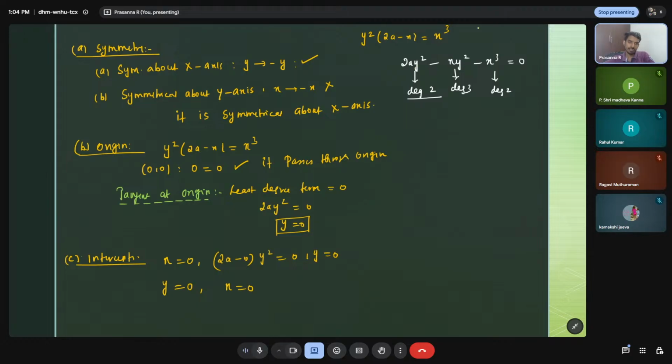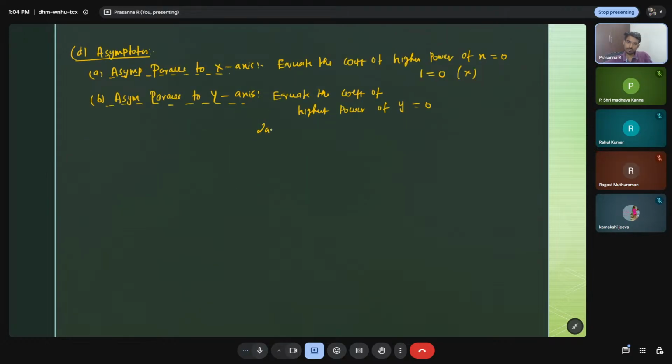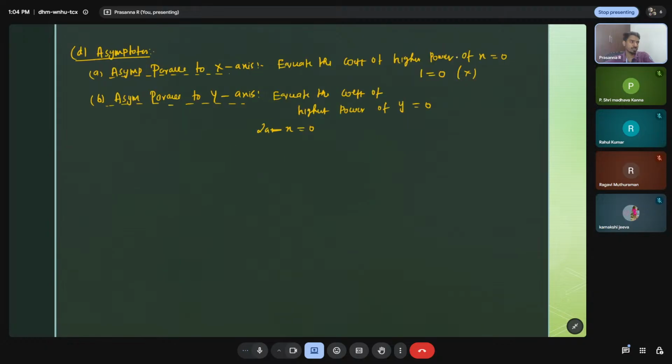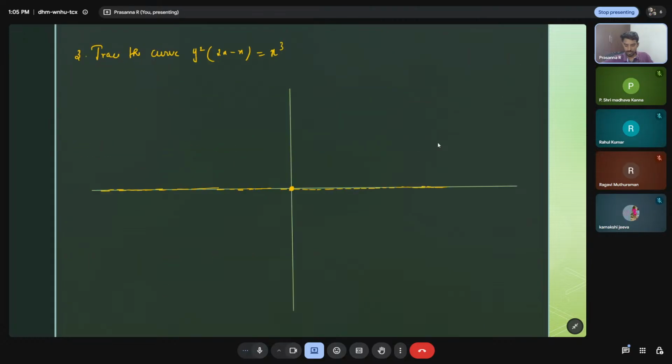So 2a minus x is 0, right? Because y square is your highest term. So 2a minus x is the coefficient. So that means x is equal to 2a. So at x is equal to 2a, it has an asymptote parallel to y-axis. That means it is a vertical asymptote. So we have a vertical asymptote at x is equal to 2a.